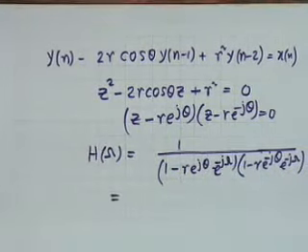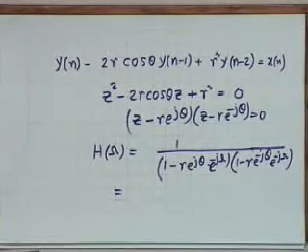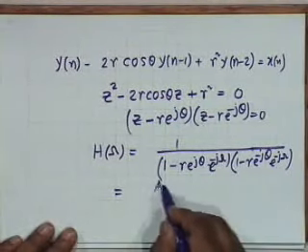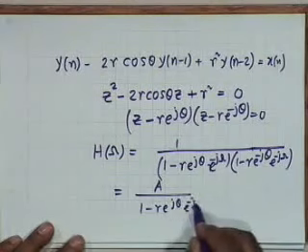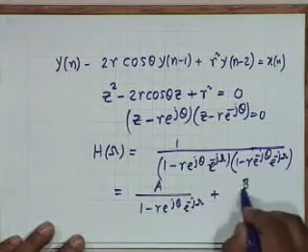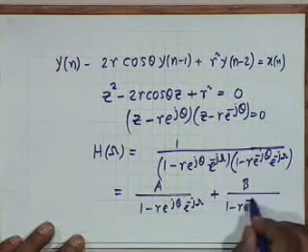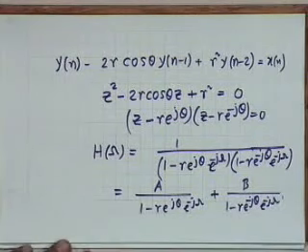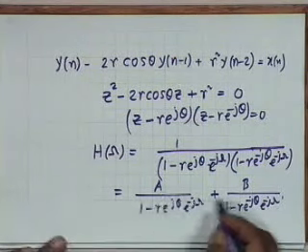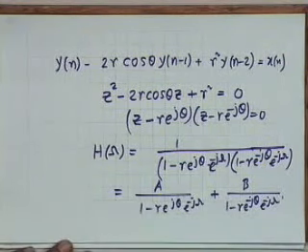And I can apply the same technique of partial fraction expansion. That is, I write a divided by 1 minus r e to the j theta e to the minus j omega plus b divided by 1 minus r e to the minus j theta e to the minus j omega. All right? And I can find out a and b. Obviously, a and b shall no longer be real quantities. They shall be complex.